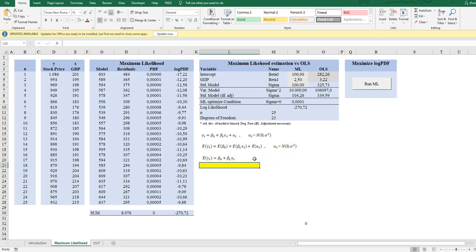With the maximum likelihood technique, we do something slightly different, although as I will show you later, we'll reach the same results. Equivalent to OLS, we start by building a model which is the estimated counterpart to the expression down here.